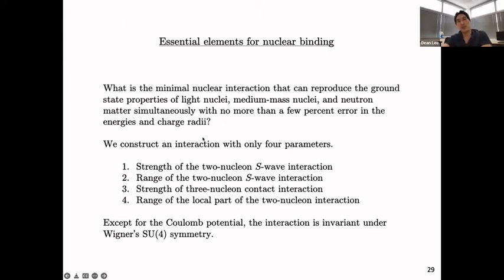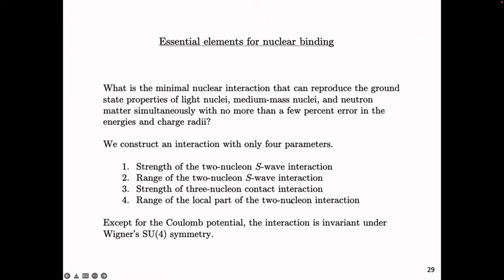So we constructed an interaction with only 4 parameters. The first 3 parameters were tuned to the two-nucleon system and the three-nucleon system. These are the strength of the 2-nucleon S-wave interaction, the range of the 2-nucleon S-wave interaction, and the strength of the 3-nucleon contact interaction. These 3 parameters were tuned to two-body scattering and to the 3-body binding energy.